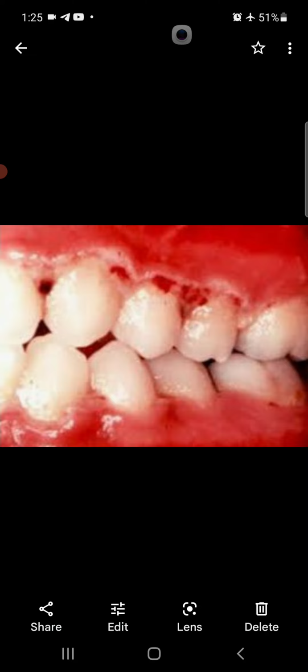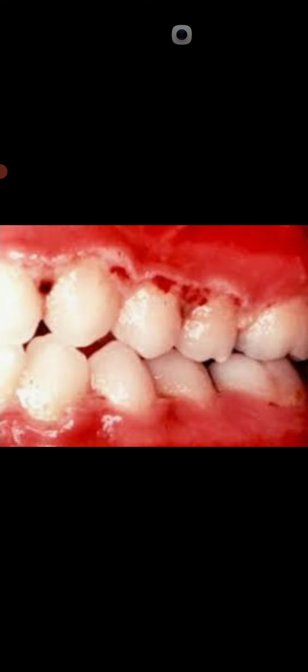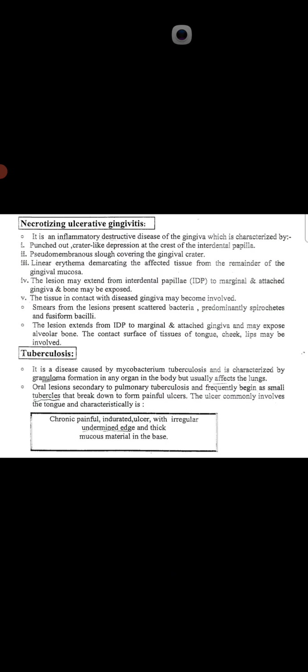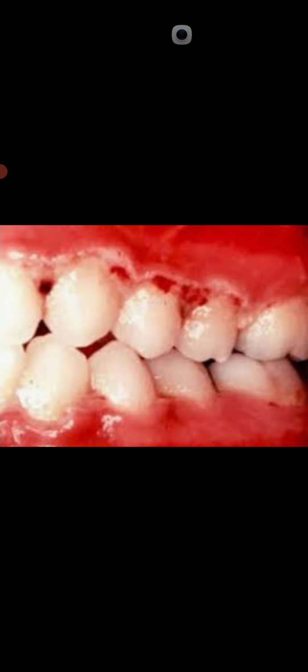Look at the interdental gingiva, and it is also covered by a white pseudomembrane. Second point is the pseudomembranous slough covering the gingival crater. The gingival crater, the depression, is covered by a white sloughy pseudomembrane.